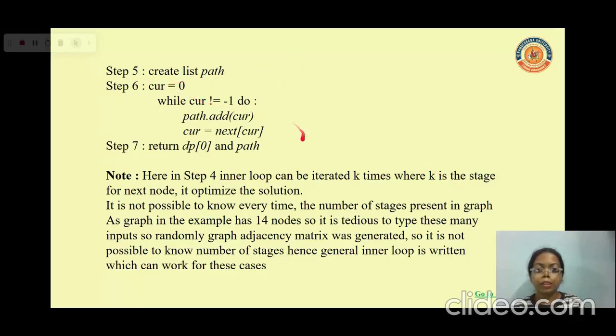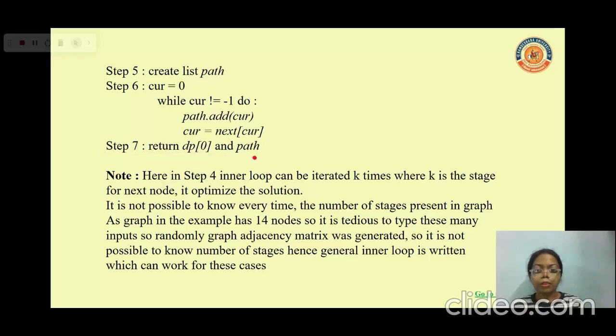So this is the reconstruction of the path. We will start with the 0th index and add that vertex, and we will travel to the next node through the next array. We are returning dp of 0 and path. dp of 0 will note down the overall cost required to reach the destination, from source to destination.